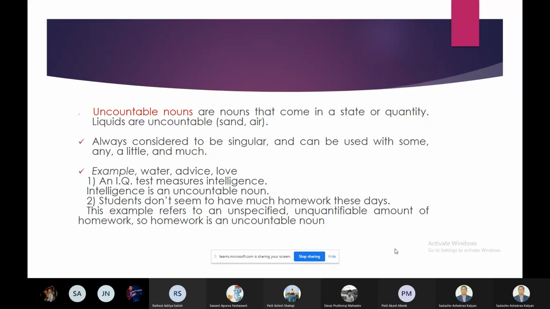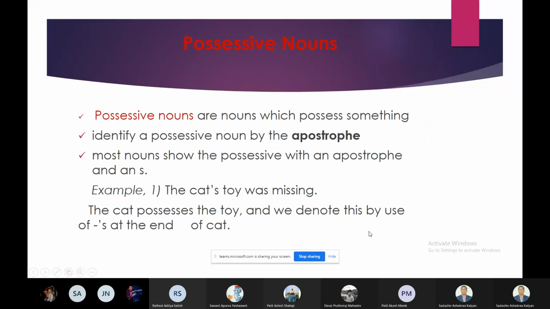So that is one kind of uncountable noun. Okay, are you getting it? Is it clear to you? Yes, sir. Okay, now can I move ahead?